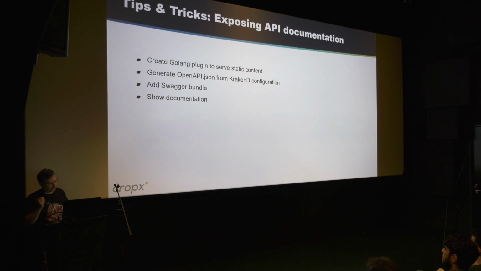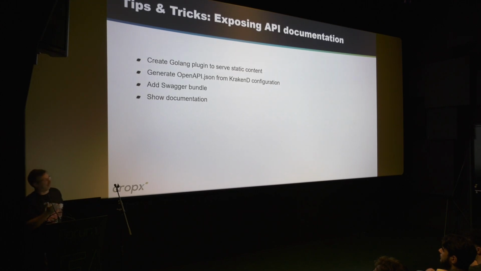In order to do this, we can create a Golang plugin. There's support for that, it's documented how to do it, and I was able to quickly develop a plugin that serves static content, so it works like a web server. Of course, there are a lot of web servers out there, but we thought it would be convenient to just deploy it as part of your API gateway.